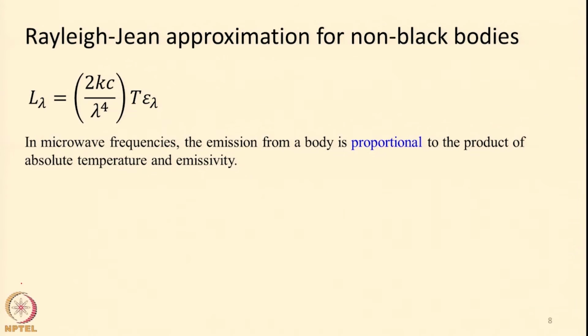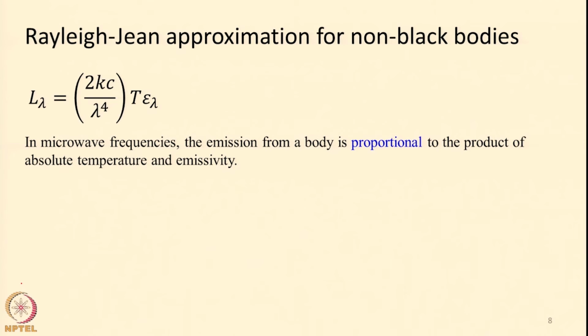Till now we have seen the Planck's equation for black bodies, even when we converted it into frequency or when we did the Rayleigh-Jeans approximation, everything was for a black body. But we know most of the Earth surface features are non-black bodies. They will have emissivity less than 1 and the emissivity will also vary with wavelength.